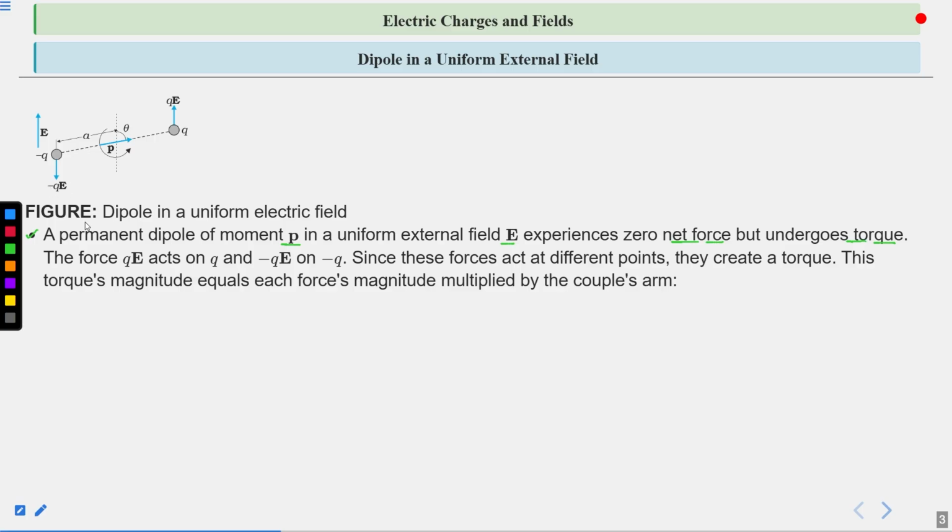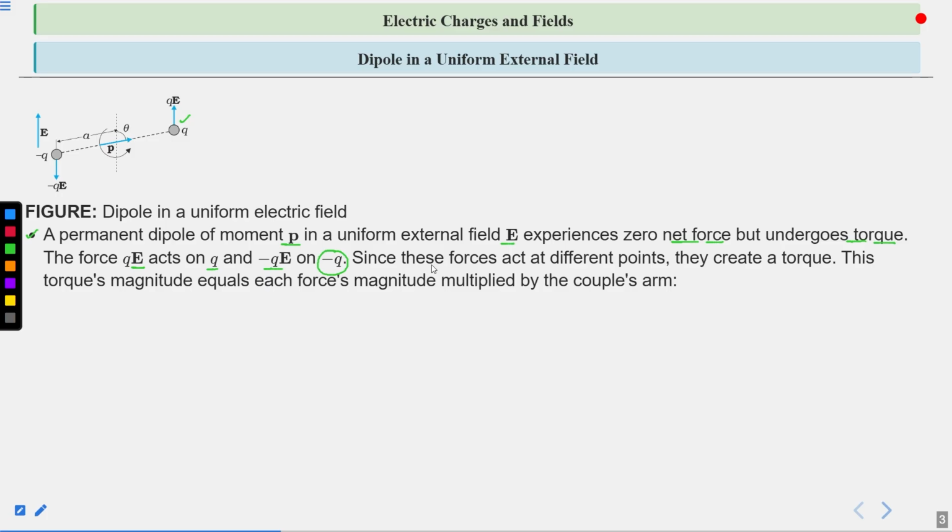So the force qE acts on charge positive q and force minus qE acts on charge minus q, and the direction of force acting on charge q is opposite to the direction of force acting on charge minus q.